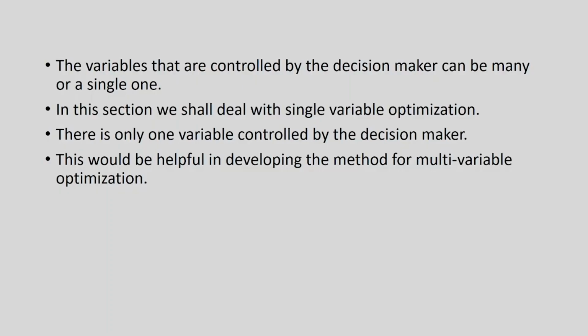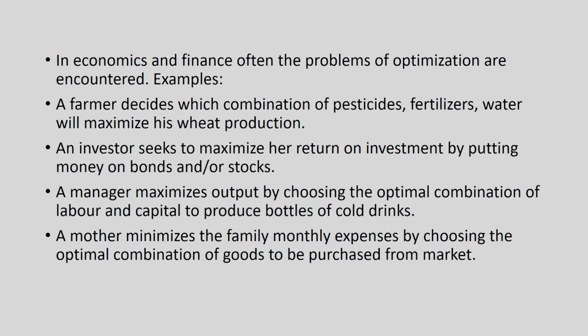The variables that are controlled by the decision maker can be many. Multiple variables might be involved. In the examples that I have just cited, all these are cases where the decision maker controls many variables.